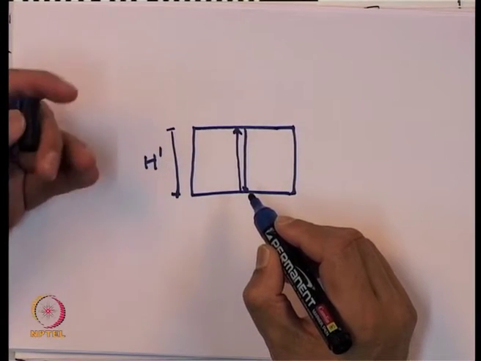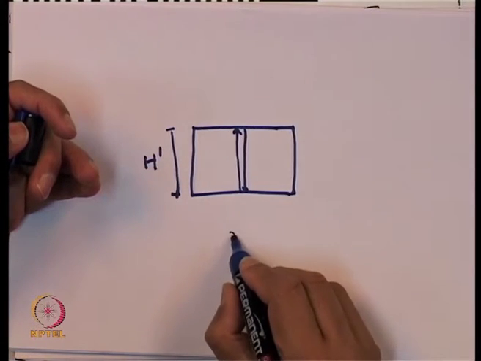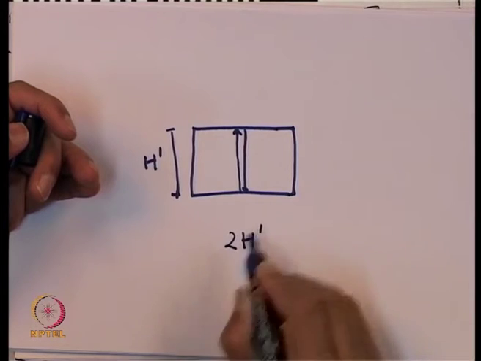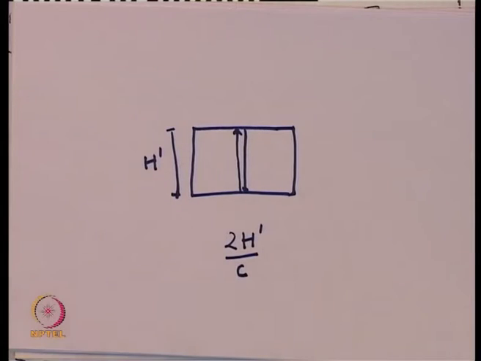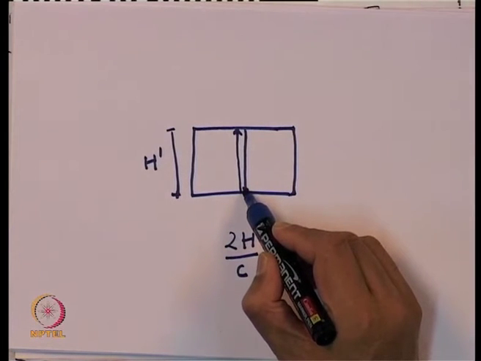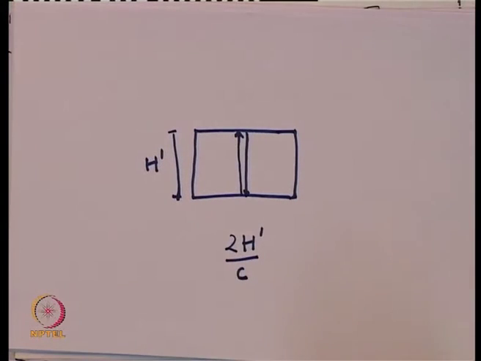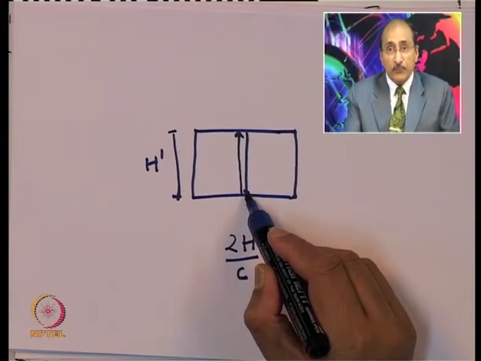So, if I have to find out the time taken by the light to go up and come back, it will be the total distance, which is 2h prime, divided by c, the speed of light. So, the second event must have occurred at a time which is 2h prime divided by c. When the light is received back at this particular point, remember that point is again at the origin, because if light goes vertically upwards and comes down, it is received back exactly at the same point.